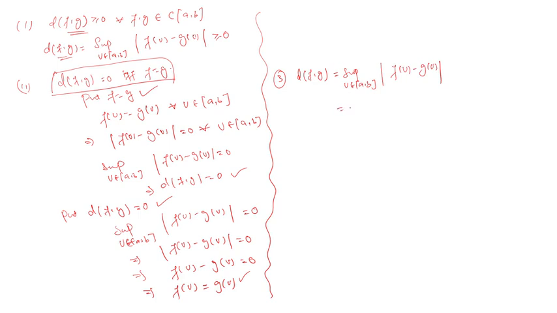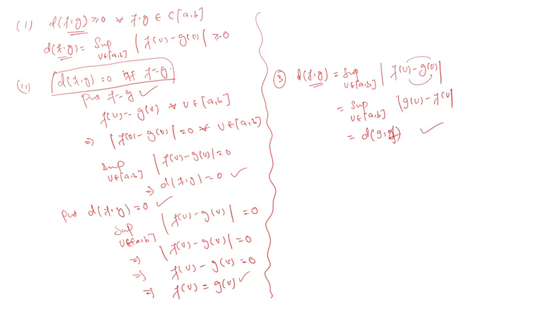And can I write it also equal to supremum of u belonging to a comma b mod of g of u minus f of u? So I can shift these two because they are in mod. Modulus में है तो हम shift कर सकते हैं easily इनको. And this will be the definition of d g comma f. This is f here. So it proves the symmetry. So what we got, d f comma g is equal to d g comma f.